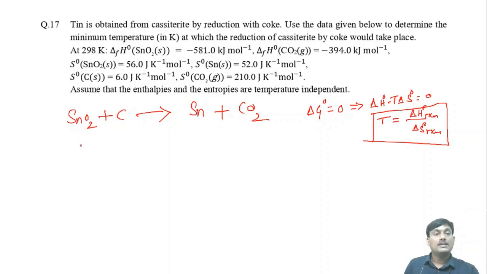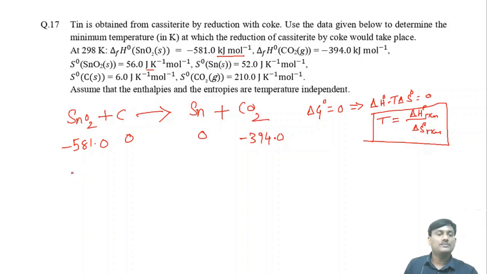What is the delta H formation of SnO2? Minus 581.0 kilojoule per mole. Okay, it is in kilojoules, these are in joules. And this one is 0, this one is 0. For CO2, minus 394.0.